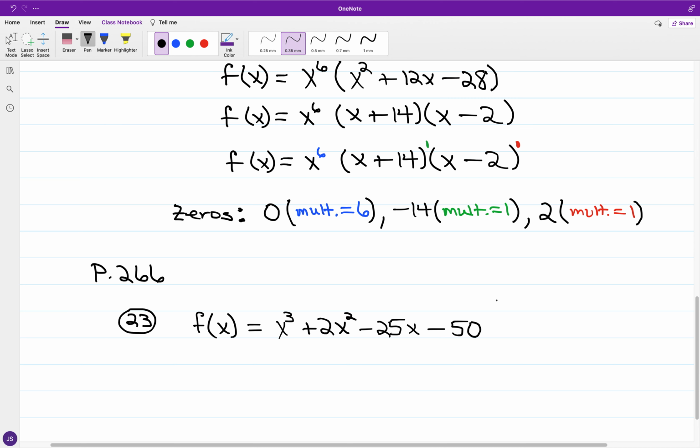And the second key factor is that for the second term relative to the first, if you take the coefficients, you got 2 from 2x squared and 1 in reference to x cubed, so the second to first coefficient is a 2-to-1 ratio. And the last two terms, you got negative 50 to negative 25, which is also a 2-to-1 ratio.